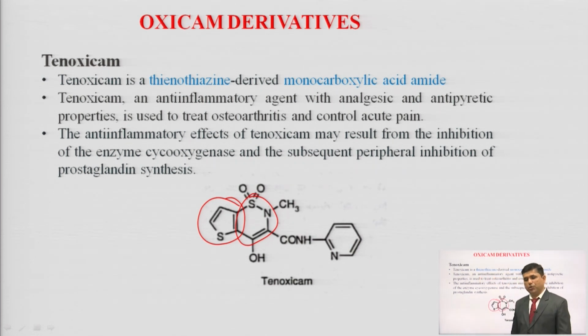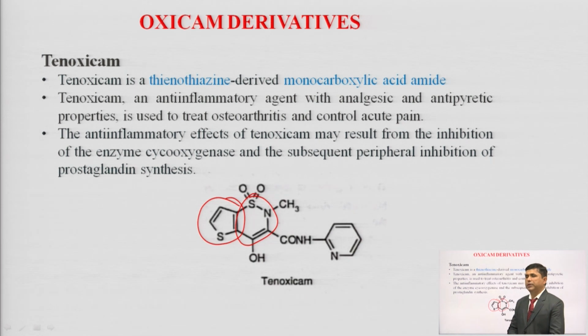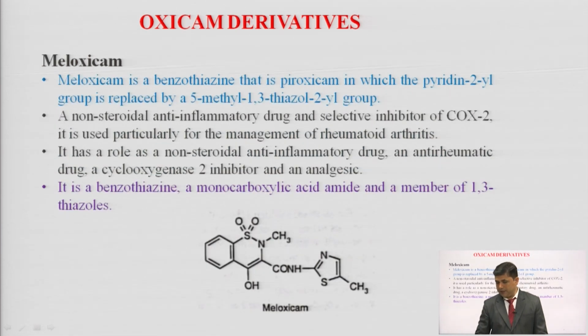Tenoxicam is also a good anti-inflammatory agent with analgesic and antipyretic properties. It is used in osteoarthritis and to control acute pain. The anti-inflammatory effect of tenoxicam results from inhibition of the cyclooxygenase enzyme, with subsequent peripheral inhibition of prostaglandin synthesis.